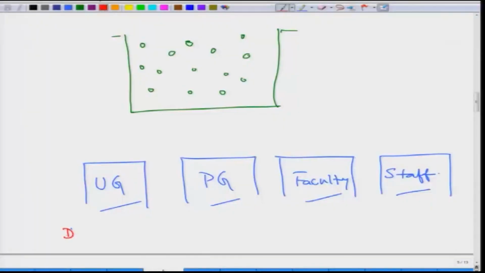And what is that? This is nothing but the so called distribution function. We call it f, and this is a function of r, v and t.